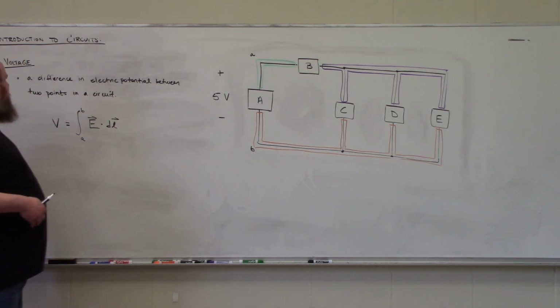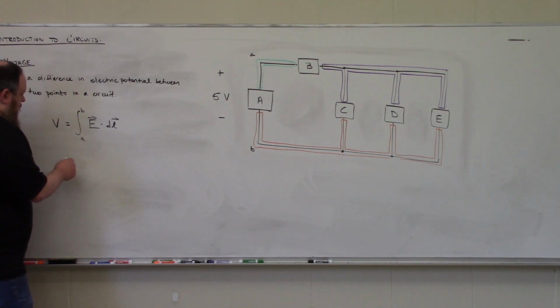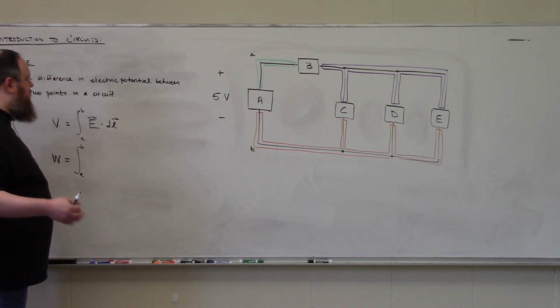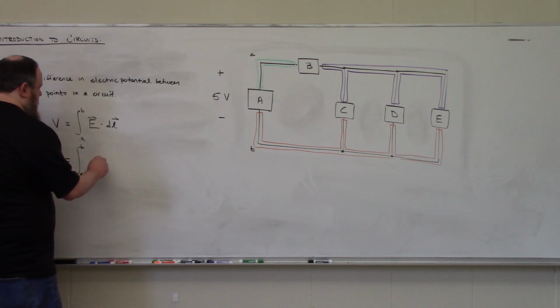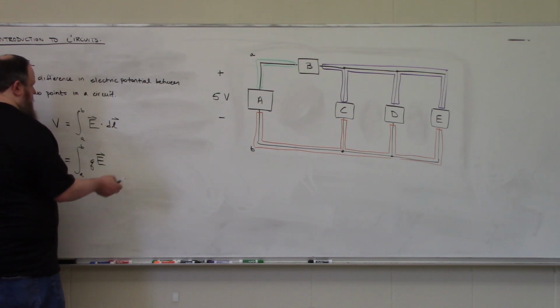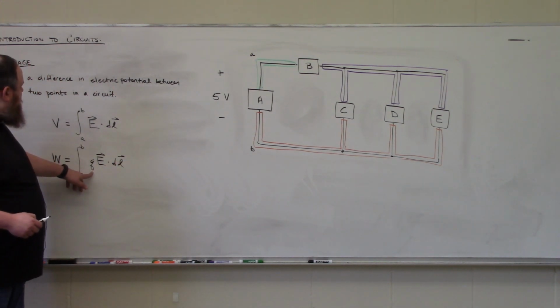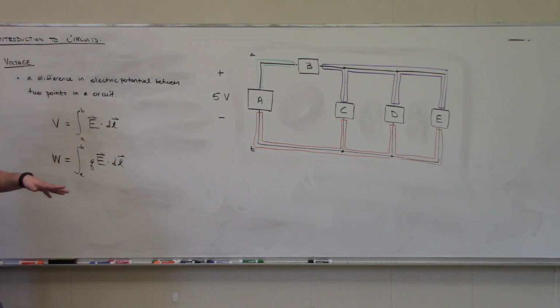For those of you that have had Physics 201, which at this point I hope is all of you, we could say that the work done moving some charge from one point in a circuit to another point in the circuit is given by the charge multiplied by E dotted into dl, where this expression QE is simply the electrostatic force, okay?